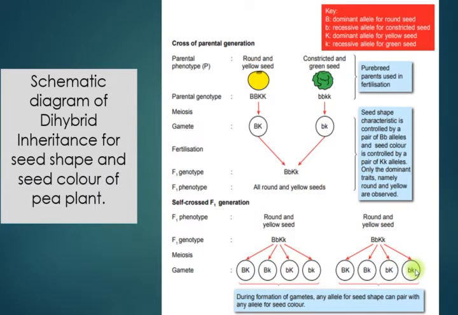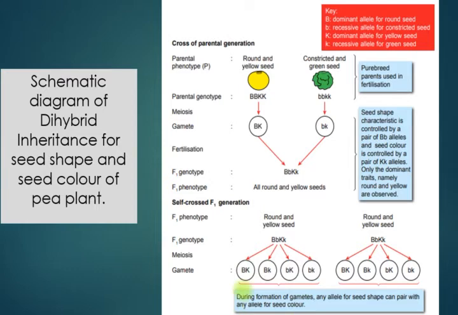Alright, so what can we summarize here? During the formation of the gametes, any allele for the seed shape can pair with any allele for the seed color. I repeat: any allele for the seed shape can pair with any allele of the seed color. For example, the allele for the seed shape is big B, and the allele for the seed color is big K here.